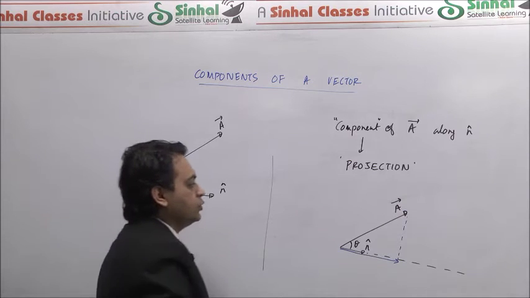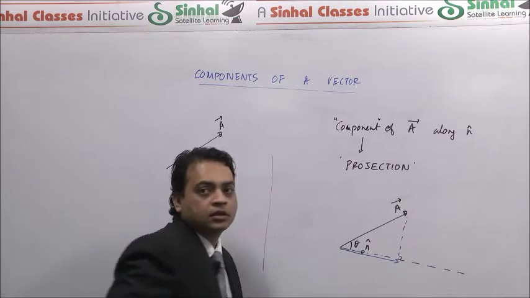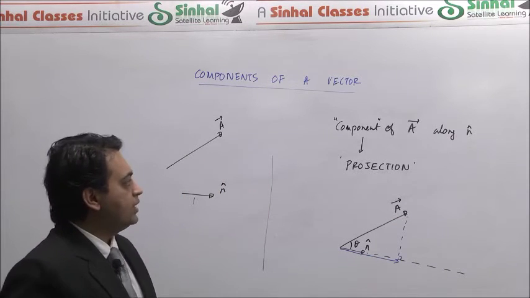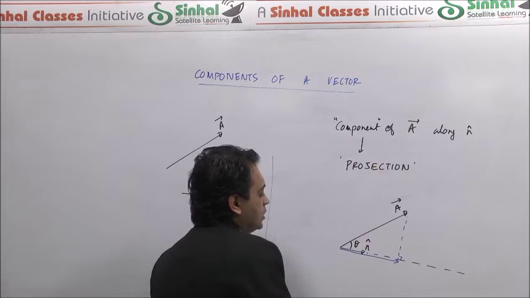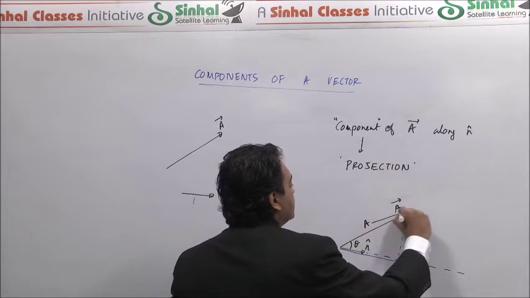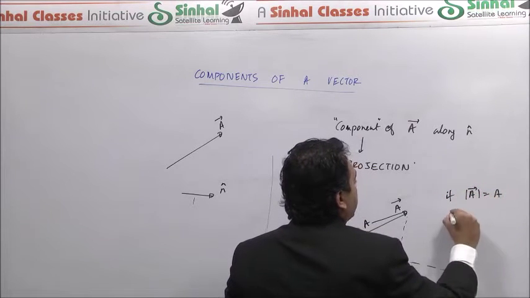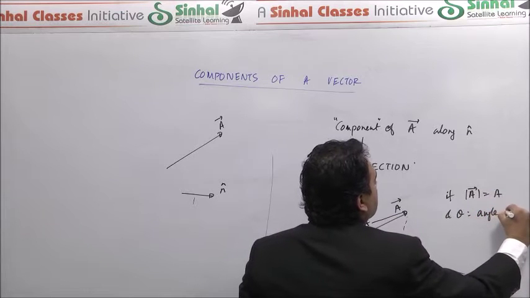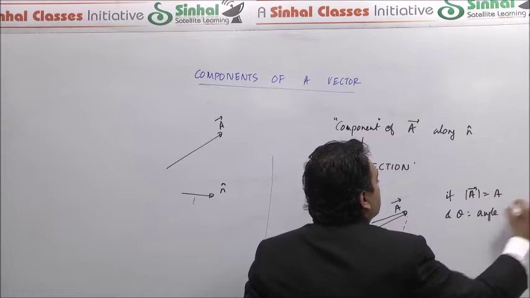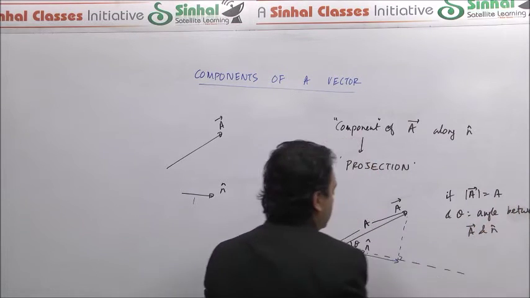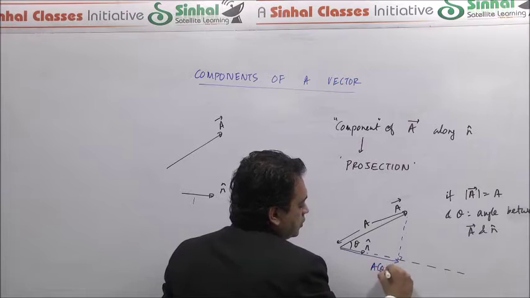Now that shadow would have a certain length which is definitely less than the length of the rod A. So trigonometrically speaking, you could see that that shadow would be nothing but the base of a triangle if I drop a perpendicular from A's head onto the direction of n cap. So that is what we mean by the term component of A along n. So the component of A along n, you can see over here, if the magnitude of A is given by the symbol capital A, so if mod A is equal to A and theta is the angle between vectors A and n cap, okay, then the component of A along n cap would be given by A cos theta.